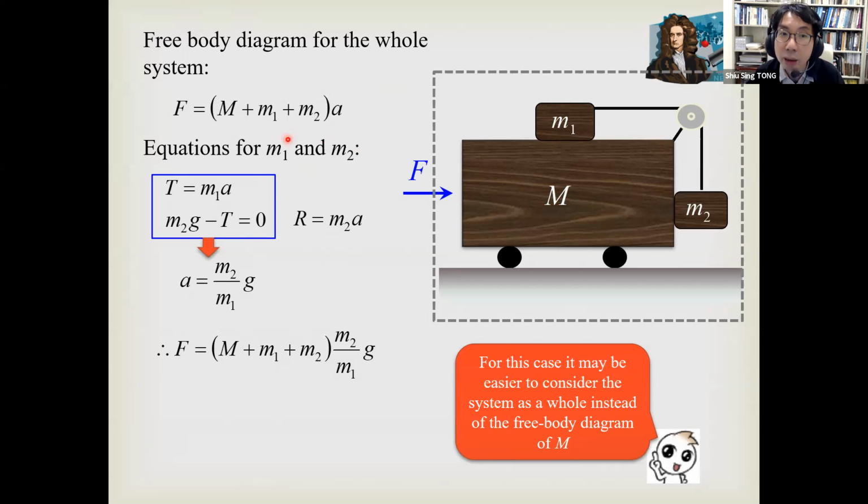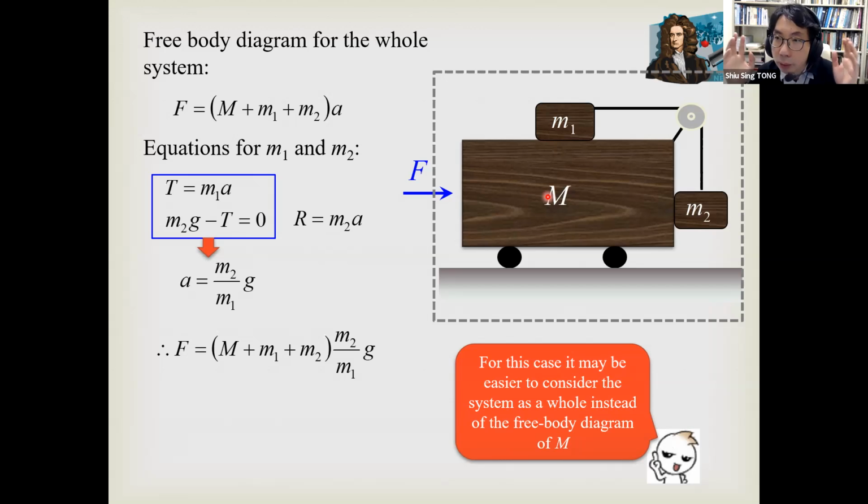So it may be better if you write an equation regarding the three objects as a whole, and you apply Newton's law to the system as a whole. And that will allow you to simplify the equation a lot. Okay, so that is a trick. You don't need to draw the free body diagram for the trolley, but you apply Newton's second law to the system as a whole.